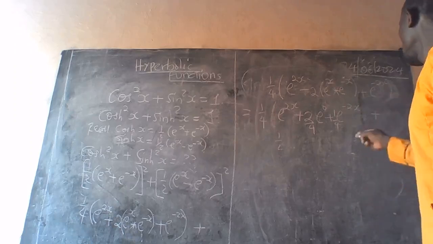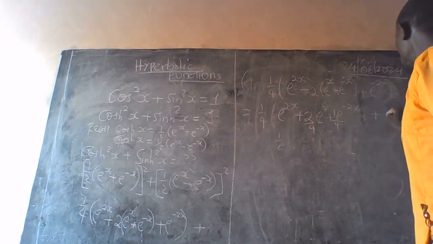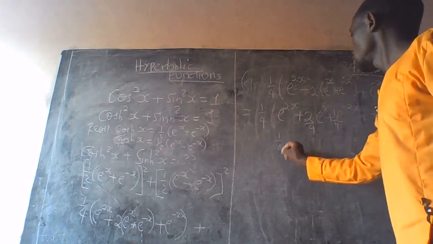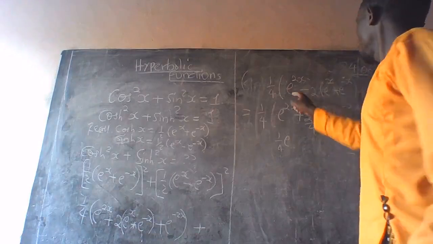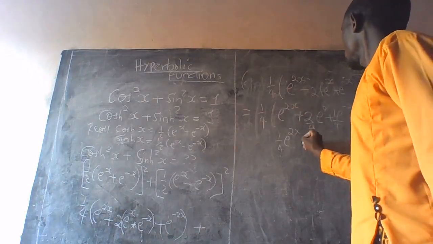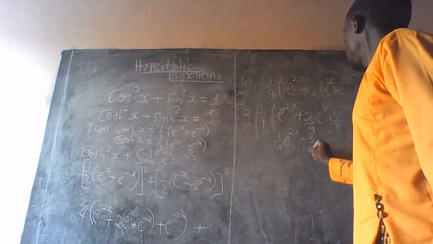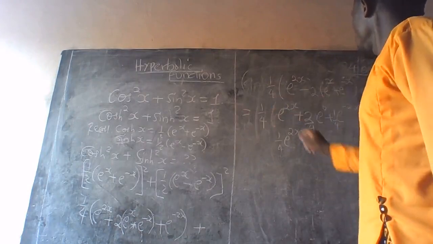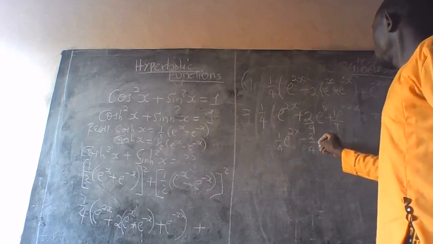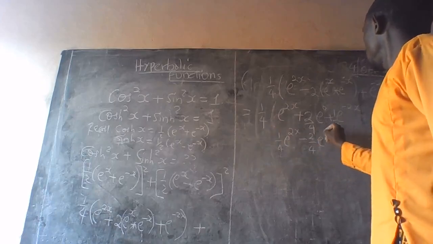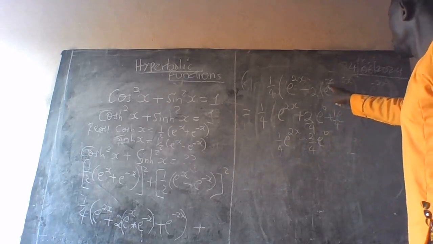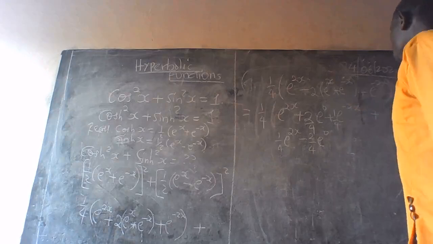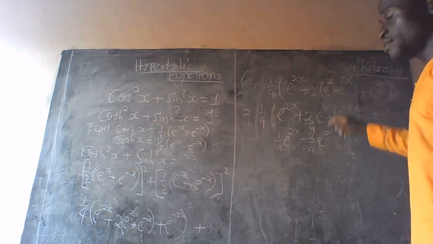That is a quarter plus, again, a quarter e^(2x) minus 2 over 4, because it's 2 divided by this 4. So that is 2 over 4, e^0. Then this is 0 because it is x minus x. When you're multiplying the bases, you add the powers.